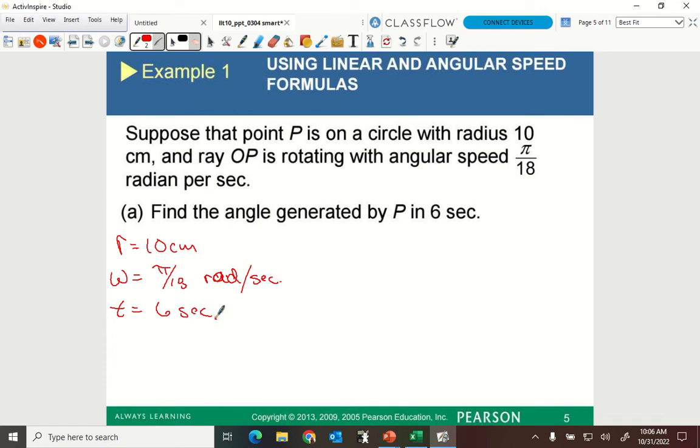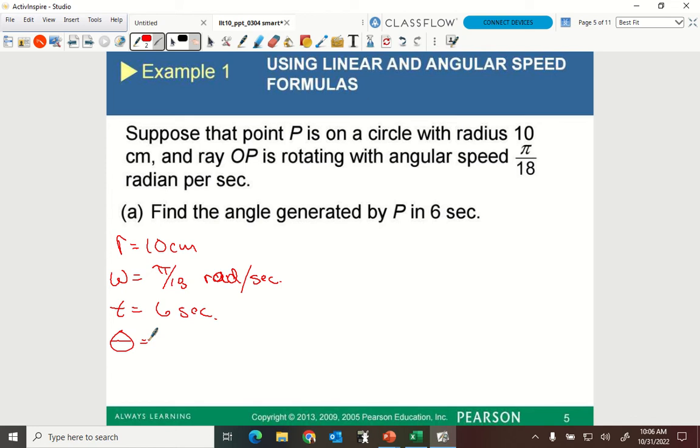Now, let's list the things that I don't know. We're going down all my variables. So r, w, t, I got those ones. So this one, find the angle, so I'm looking for theta.